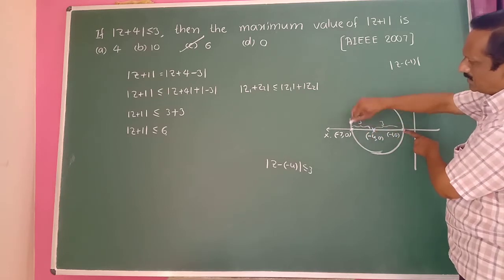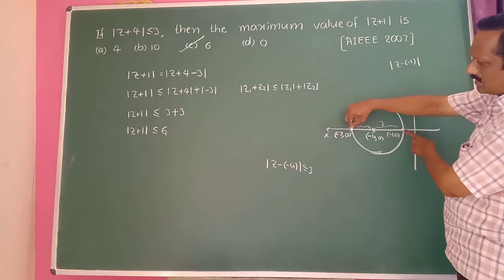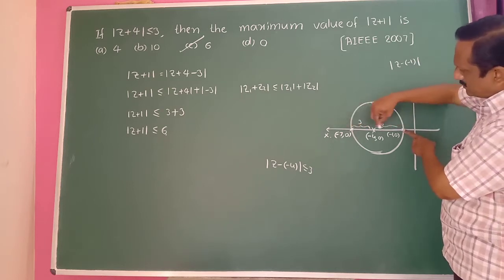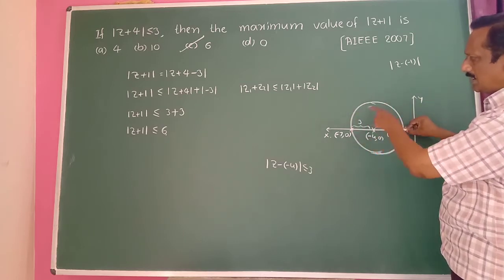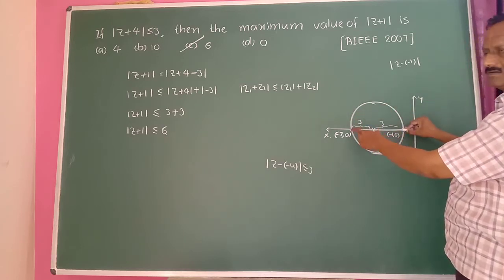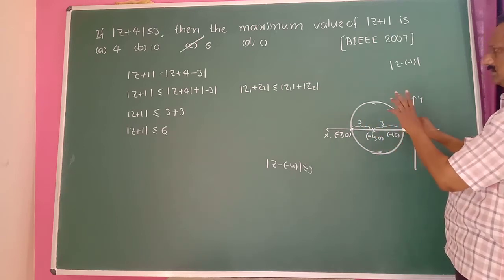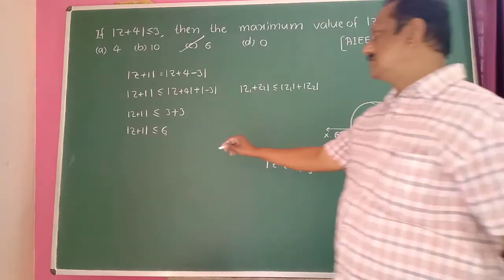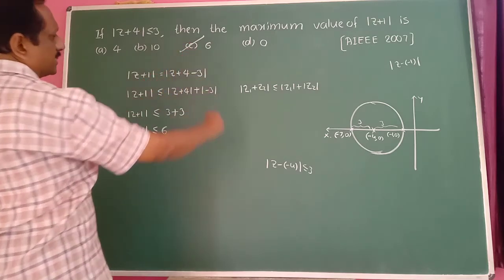We want the maximum value, so obviously we take this part only. Therefore it gives 6 units. The maximum value is 6, and other points on the circle all have a length less than 6. Hence the maximum value is 6 units. C is the correct option.